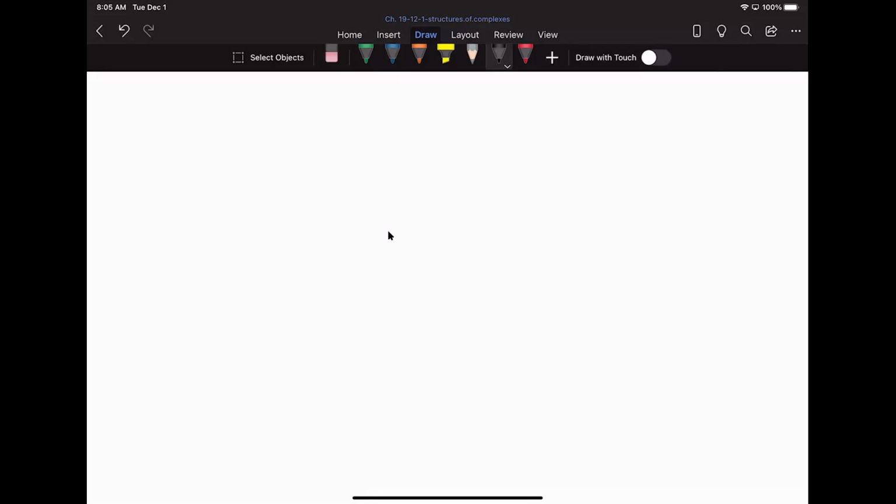If we take something, let me get the periodic table here.